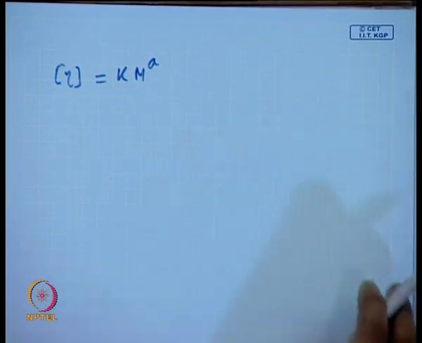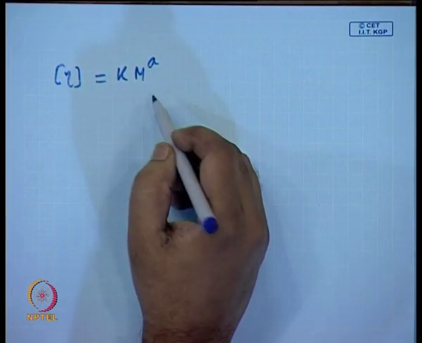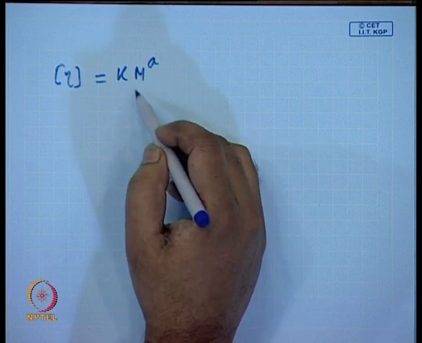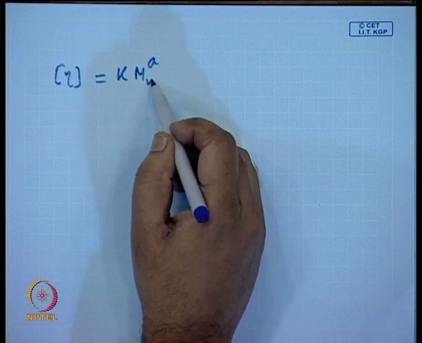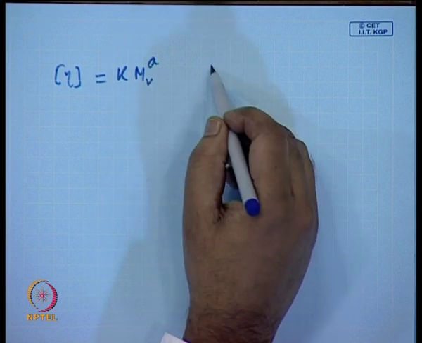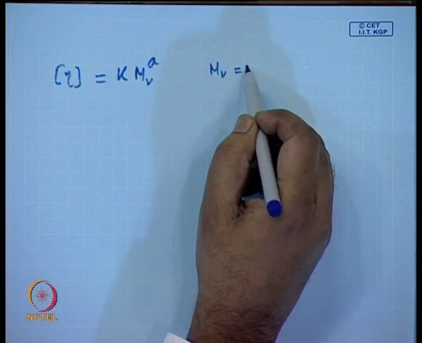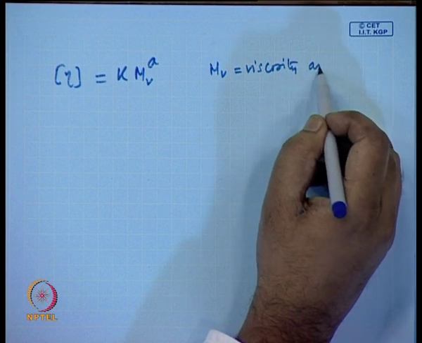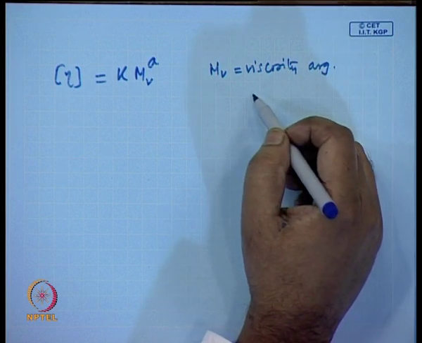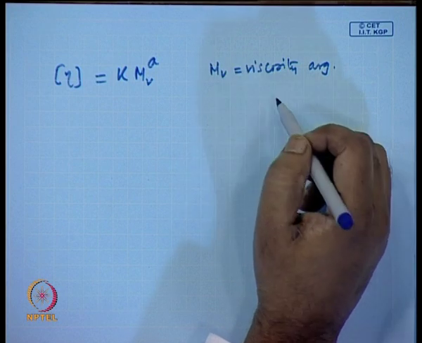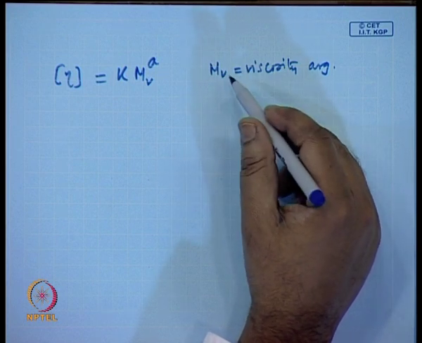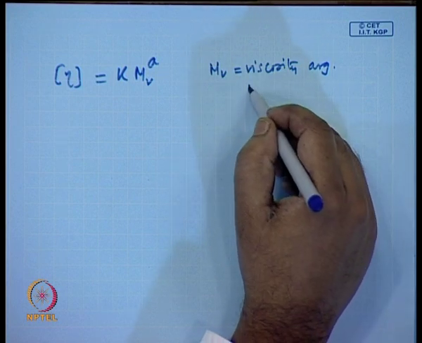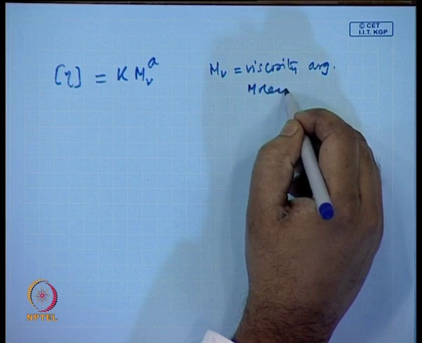As the technique suggests, this is using dilute solution viscometry. So, the molecular weight it gives is Mv, where Mv is the viscosity average molecular weight. In a minute we will deduce the expression for the viscosity average molecular weight.